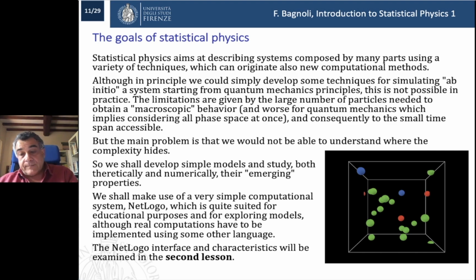Okay, I said that we shall make use of computers, and in particular, we shall use a very simple simulating system, open access, that is called NetLogo, whose main characteristics we shall study in the second lesson. With this system, we could easily simulate systems in 2 or 3 dimensions, although the velocity is not really very high.